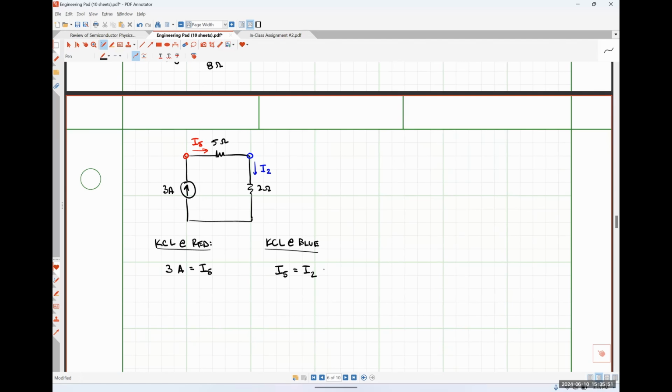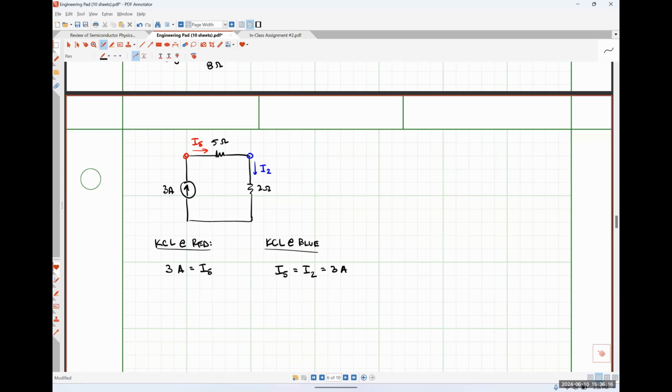So I5 must be equal to I2, which means this is also equal to 3 amps. So how are the 5 ohm resistor and the 3 amp source connected to each other? In series. And how are the 5 ohm resistor and the 2 ohm resistor connected to each other? Just in series. They're in series as well.